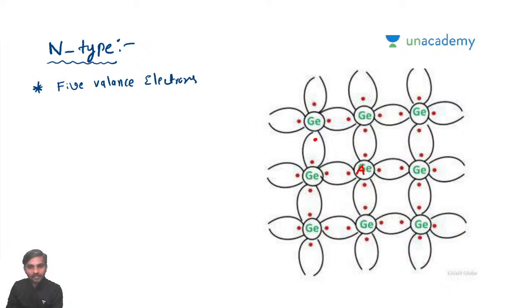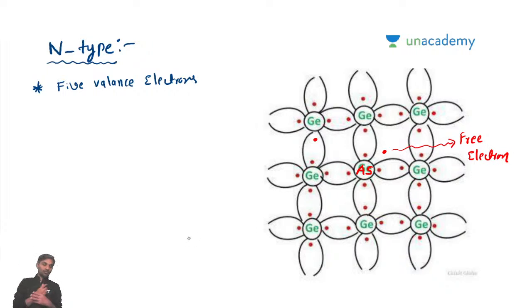The 4 electrons of germanium will be shared with 4 electrons of arsenic, and you can see an extra electron appearing here. This extra electron is called a free electron.